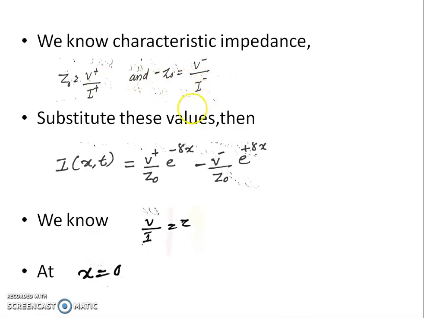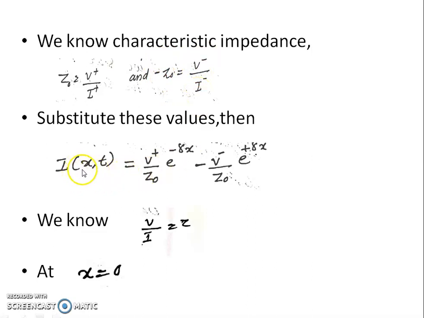Substitute these values in the equation of current, I of x. Then we can write I of x is equal to, in the place of I plus, V plus divided by Z0, and in the place of I minus, we put V minus divided by minus Z0.